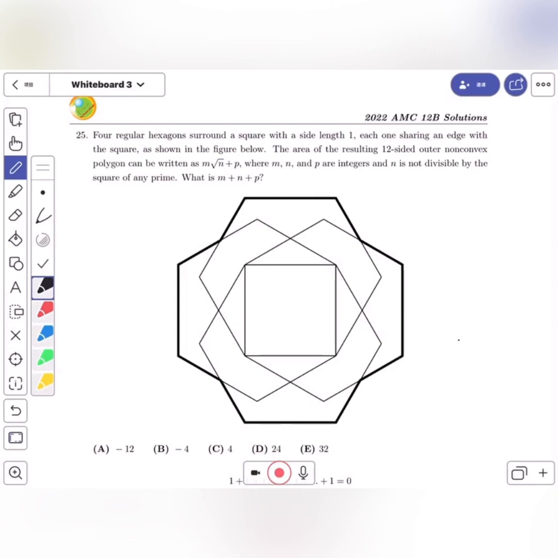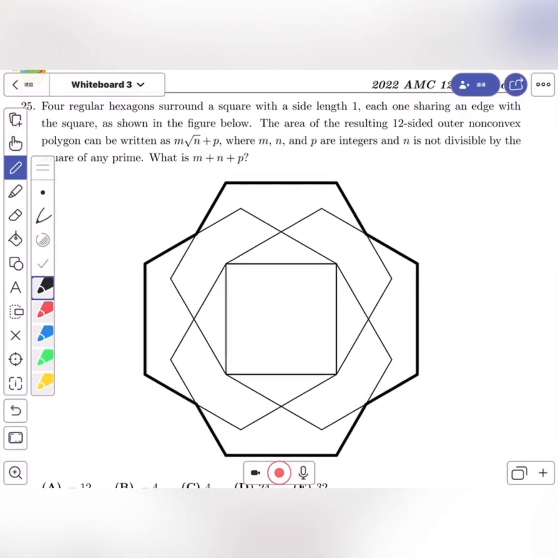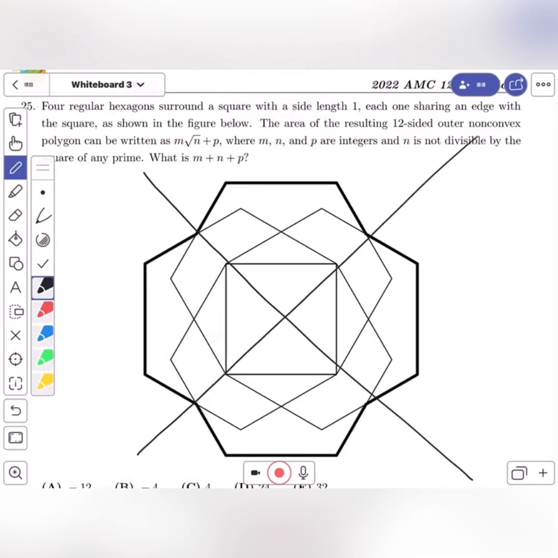So now let's jump into the problem. When we look at this shape, it seems pretty symmetrical, because you see that it's symmetric across this, and also the 2 lines here.